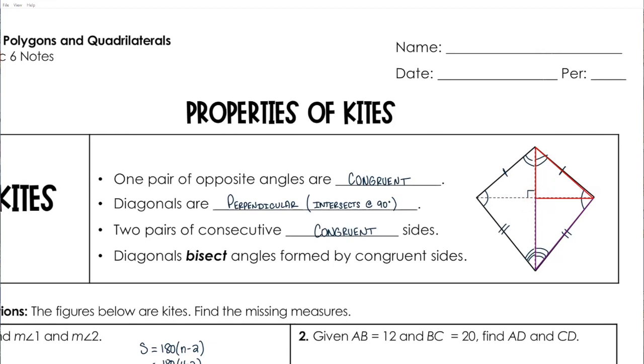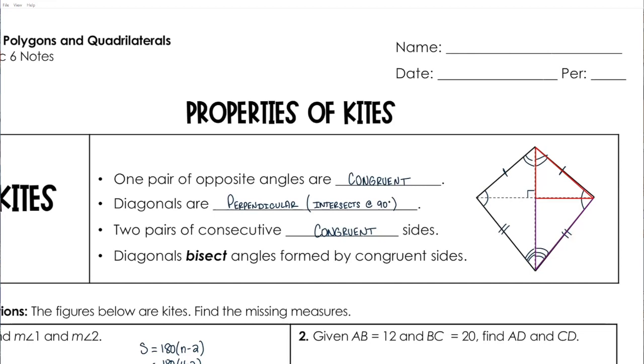Our short sides and our long sides are congruent. Okay, so the tops and the bottoms of our kites are congruent. That's our short legs. So like if this was 12, 12, then this one was 24 and 24, or 25 or whatever it needs to be.